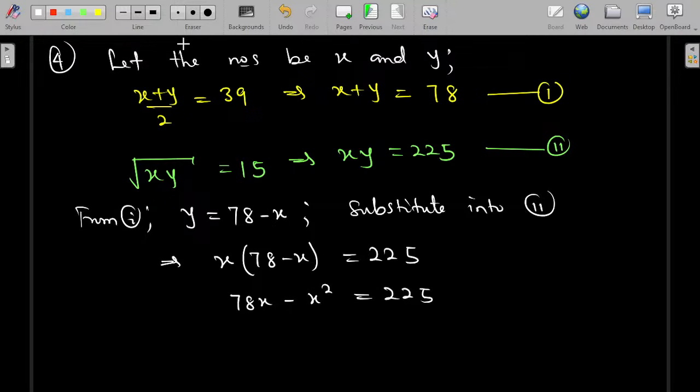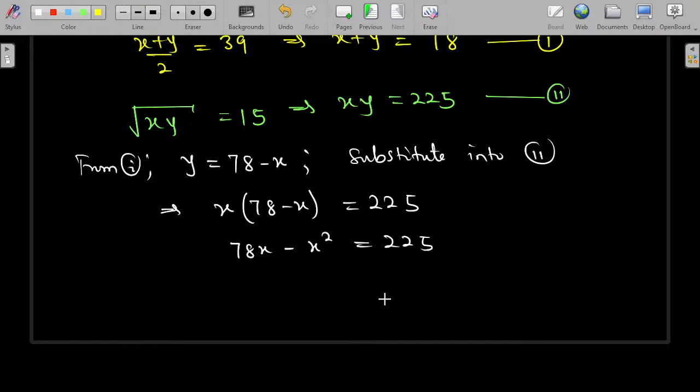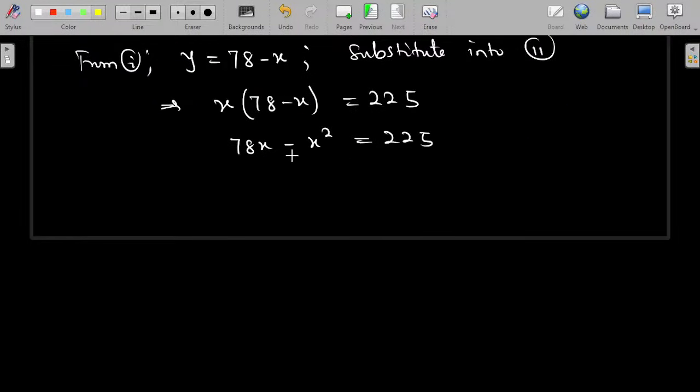and then we can collect everything to one side of the equation. Since our x squared is negative, if we take everything to this side, that's going to be x squared. This 78x coming over will become minus 78x, and then this 225 is already here, so you have plus 225.